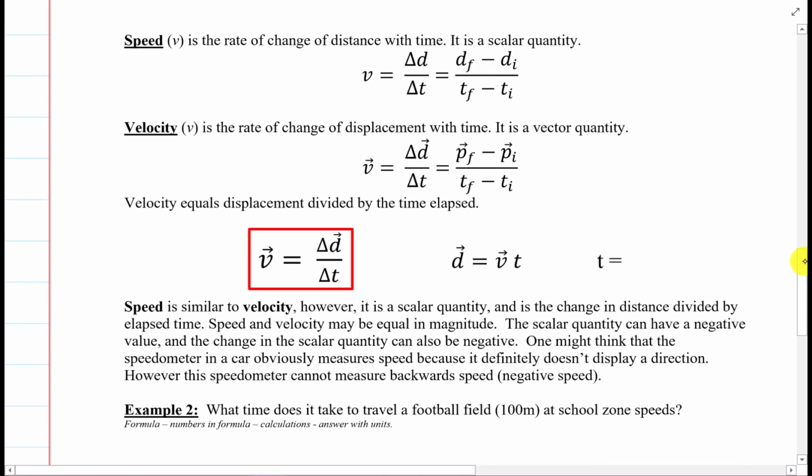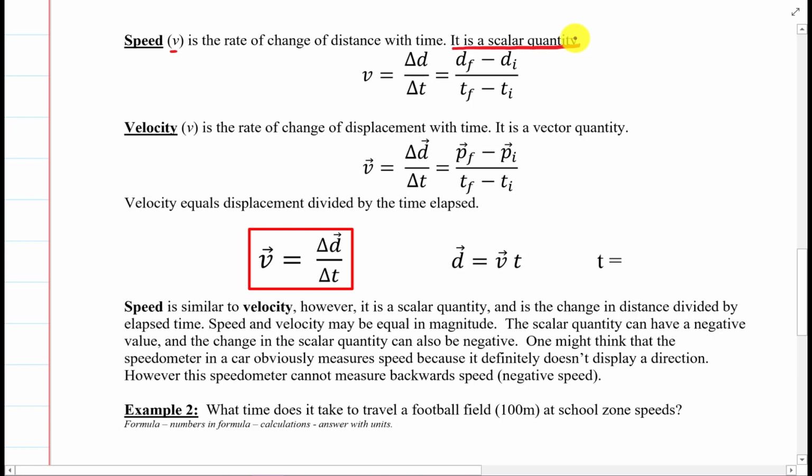Let's talk about speed now. This is where I start slowing down, because at this point, this is the meat and potatoes of this lesson, besides the terminology. We get to our first formula. Speed is the rate of change of distance with time, and it is a scalar quantity, no direction. So speed, given the letter v, is how much distance changes with respect to time.